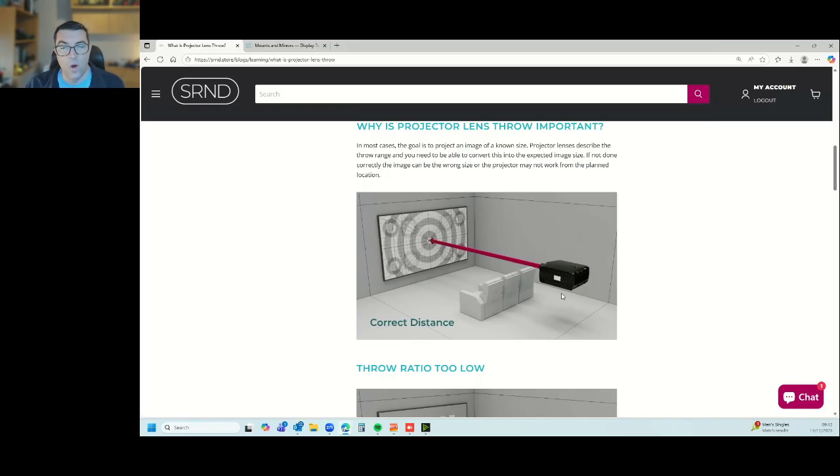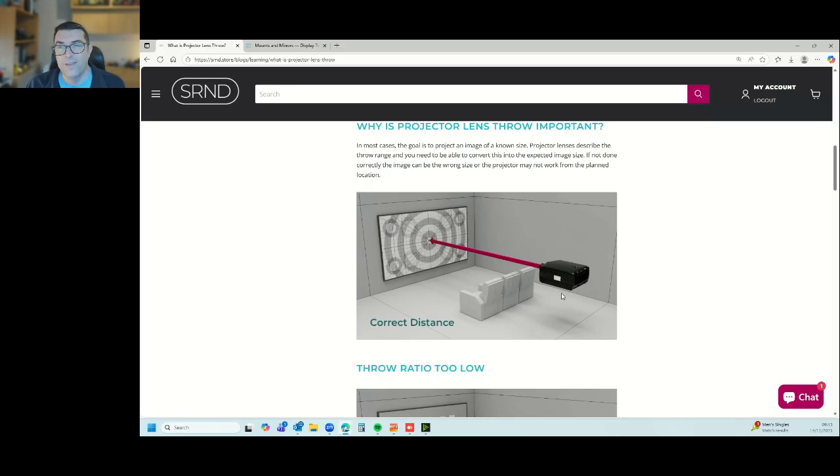Now, a little word of warning. There's one thing that will make you cry more than anything else in this game. Lenses are specified with a tolerance, and every single manufacturer will put somewhere in microscopically small print something like lenses are specified to plus or minus 5% of the throw range.